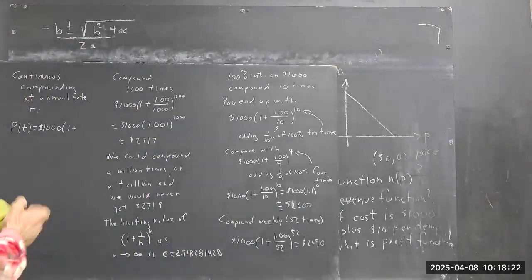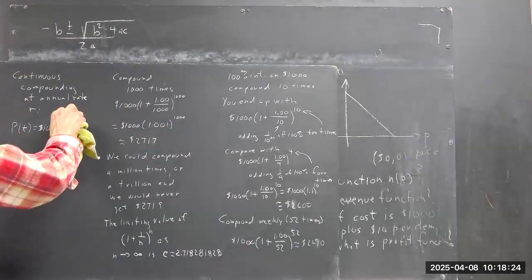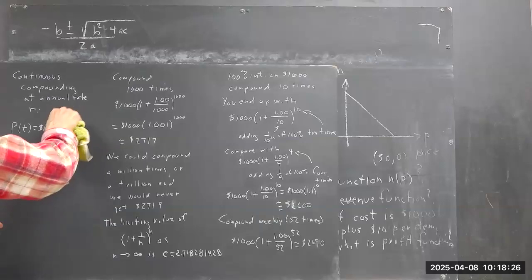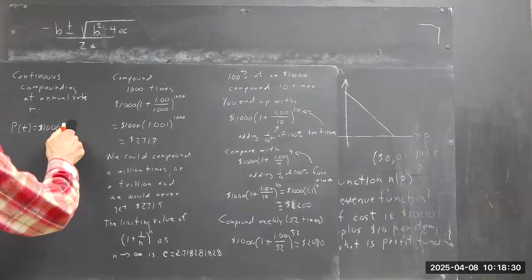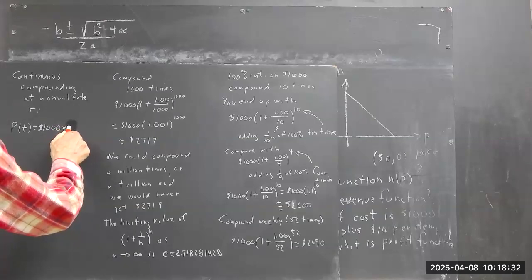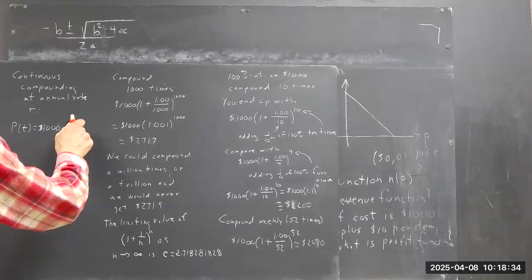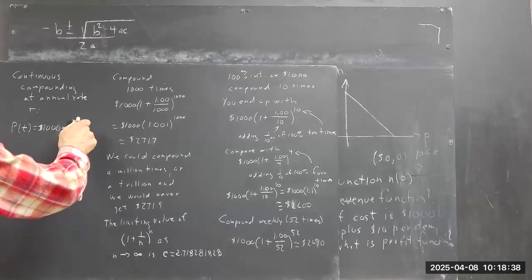I'm going to write down the expression I've written down so many times, which is what we use for continuous compounding. For continuous compounding, it's 1,000 times e to the r.